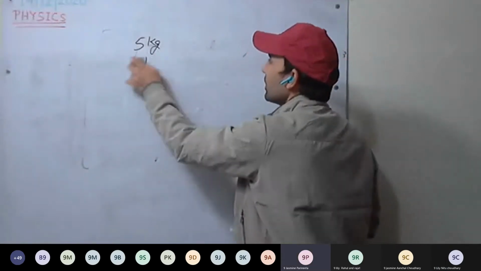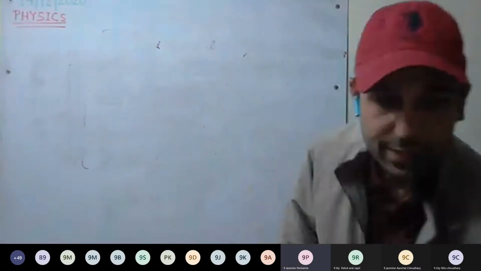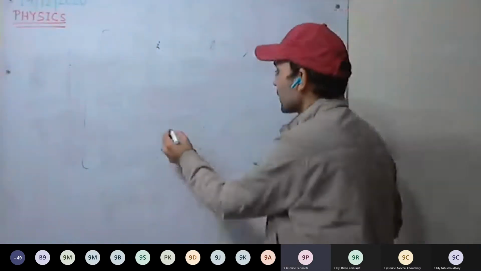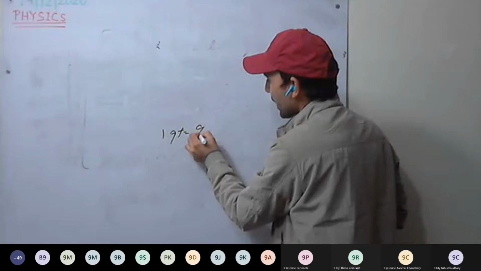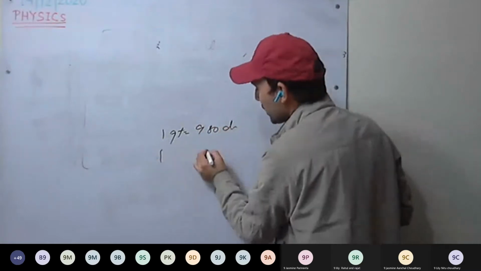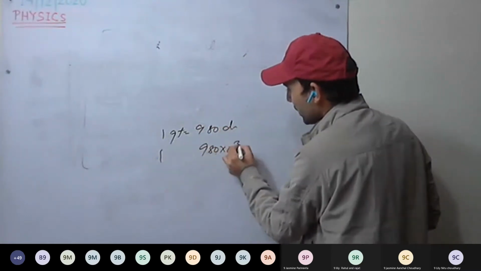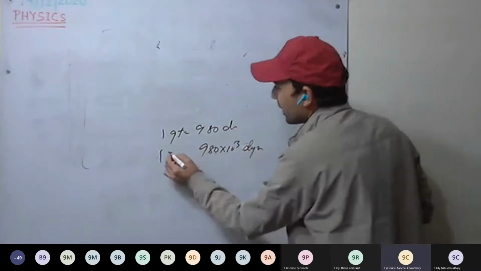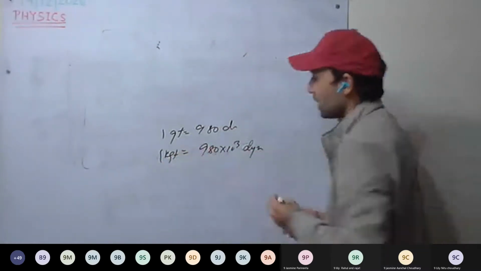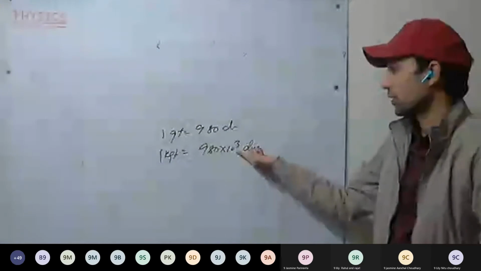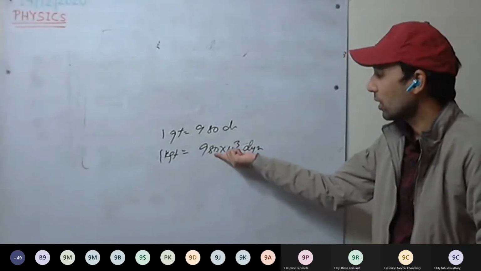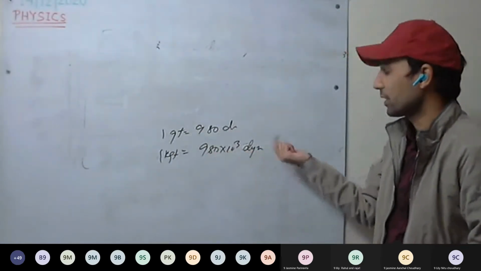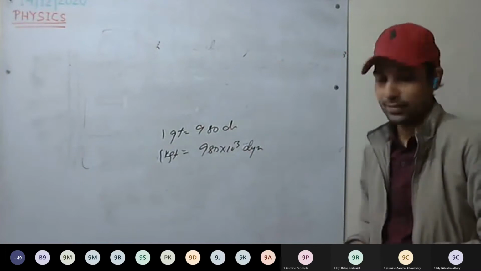We calculate: 1 gf is equal to 980 dyne. So 1 kgf will be 980 into 10 raised to power 3 dyne. It will be this much dyne.